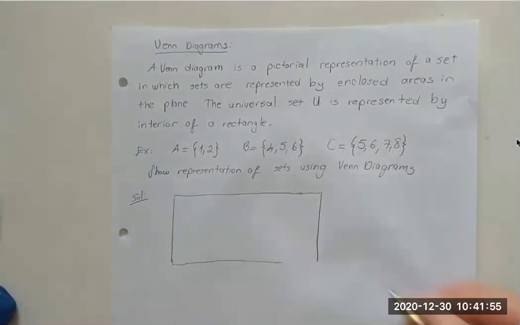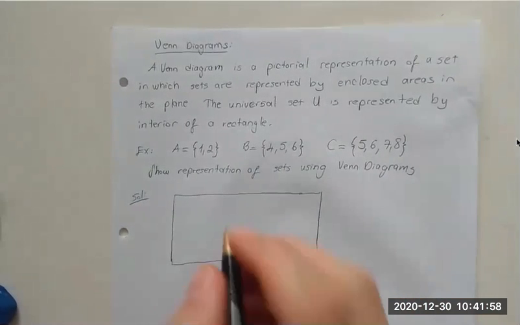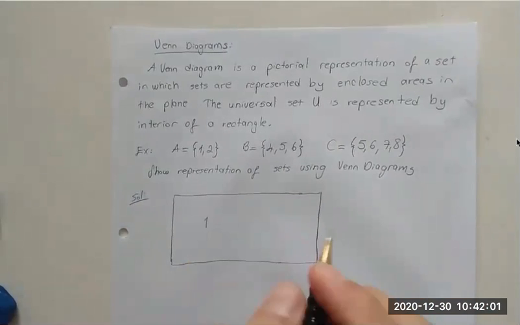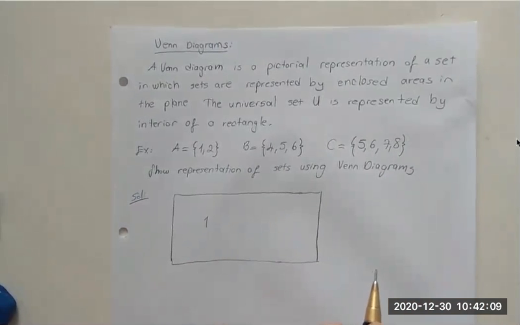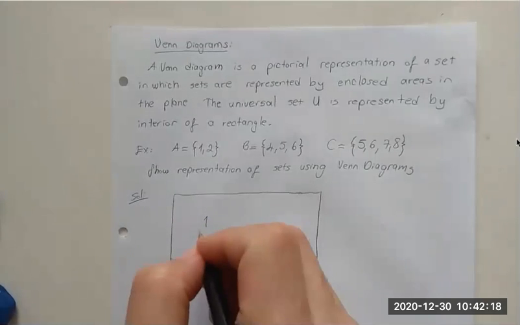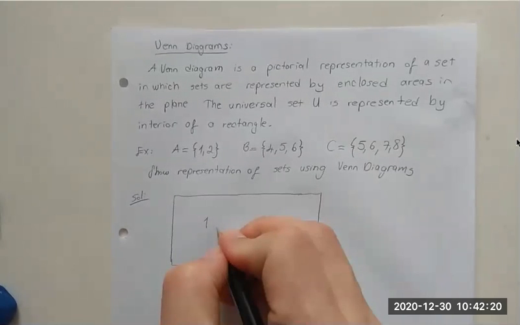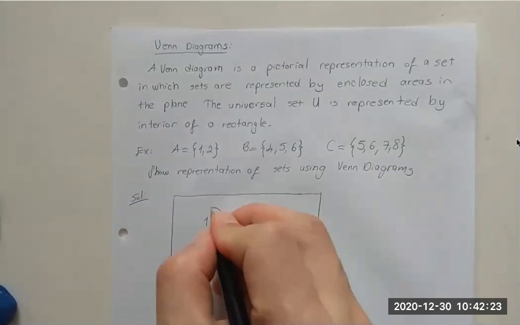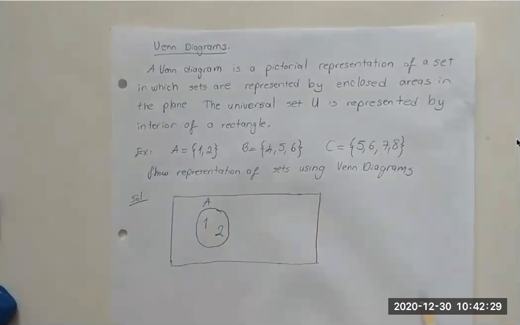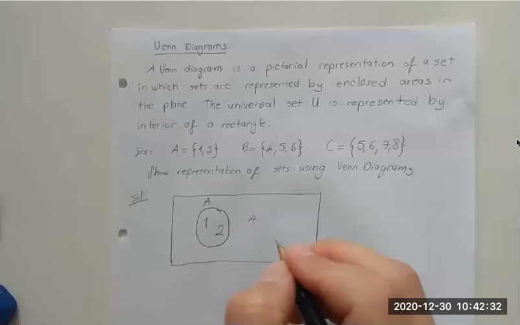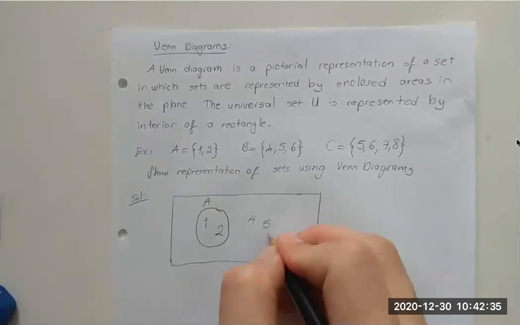Okay, let's say we have a set like that, and there is the 1 and 2. Okay, I don't remember if we have to put it as a dot or not. Okay, 1 and 2. This is the set A, and 4, 5, and 6.